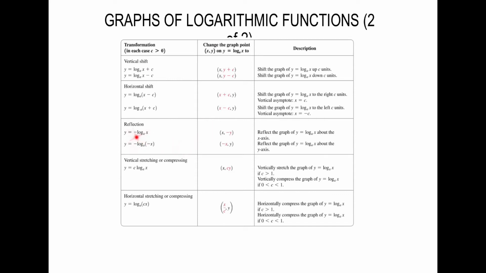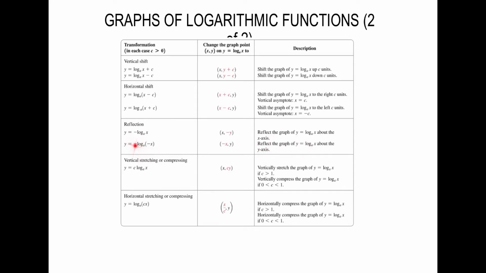If we have the negative, then it reflects it across the x-axis. And if it's a negative x, then it reflects it across the y-axis. So whenever we see a minus in front of the x there, we're going to be reflecting it across the y-axis.